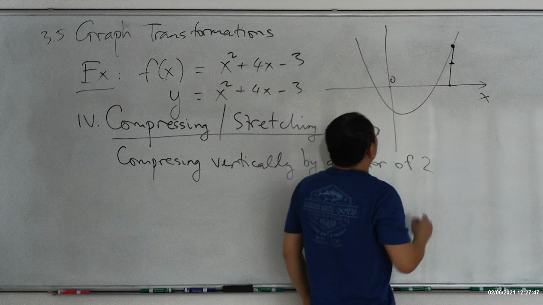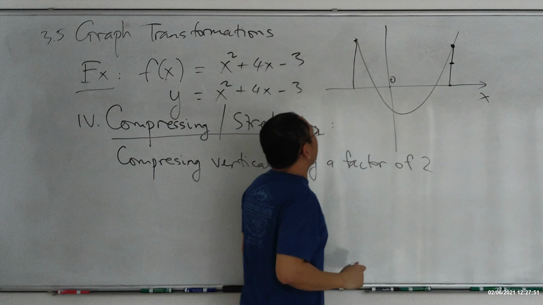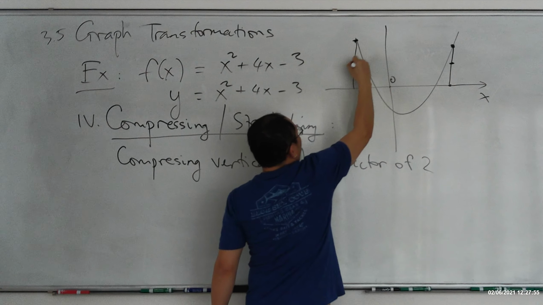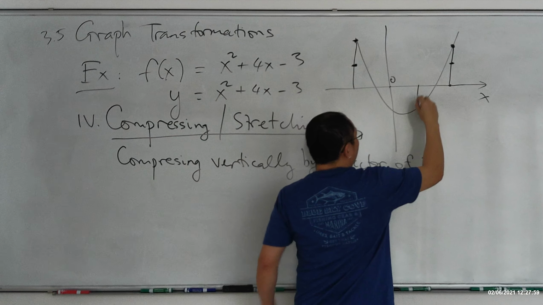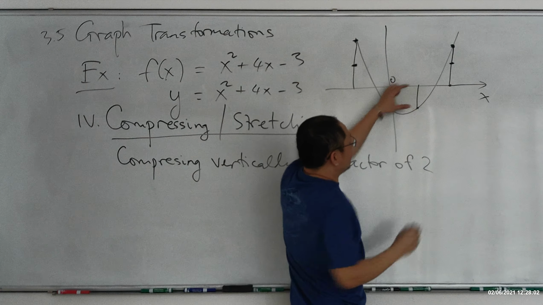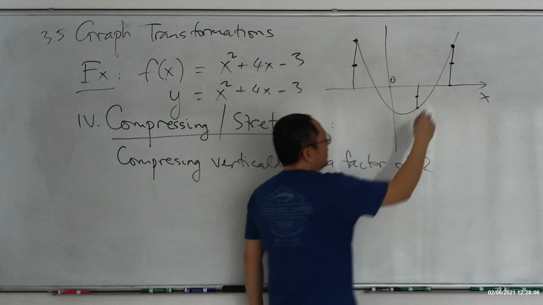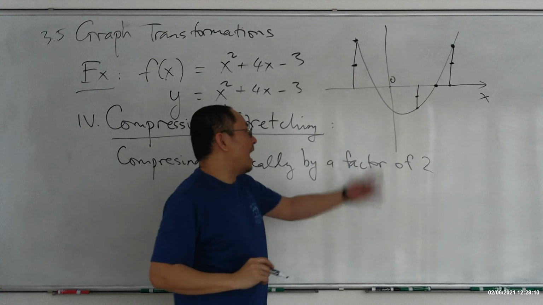It's halfway. Similarly, this point right here, it's that height from the x-axis. It's going to be right here. So this point will go down to this point. And if the point is below the x-axis, say this point right here, this is the depth below the x-axis. Cut it in half. It's going to be right here. And of course, if the point is right on the x-axis already, it's going to be right there, because half of 0 is 0.